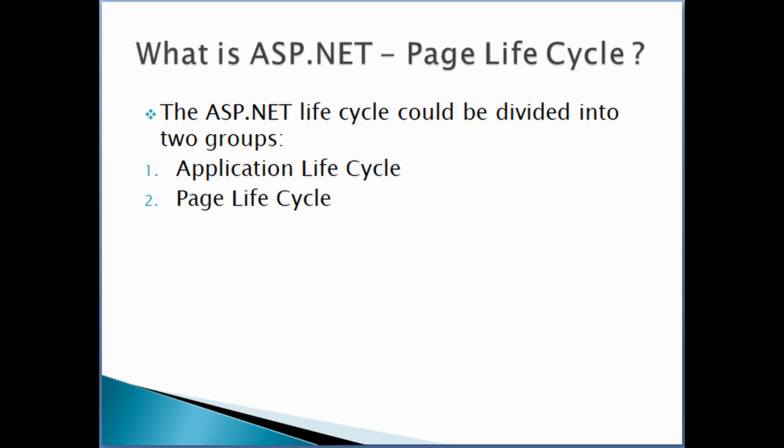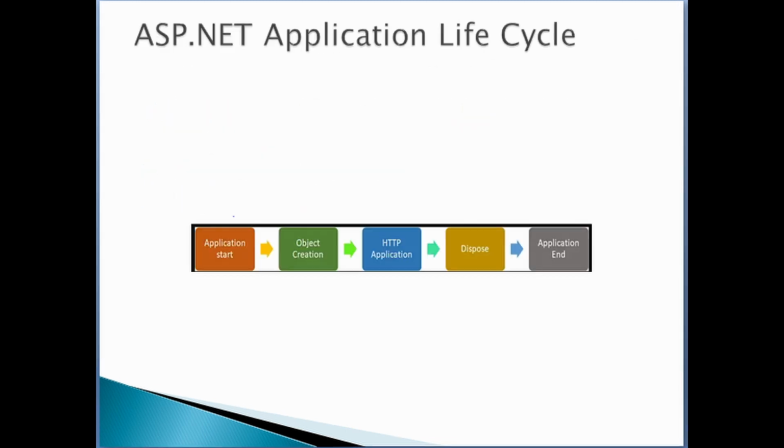So here you can see the diagram of the ASP.NET application lifecycle. As you can see in the diagram, the ASP.NET application lifecycle includes application start. What is application start? The web server executes the application start when a user requests an application for access.